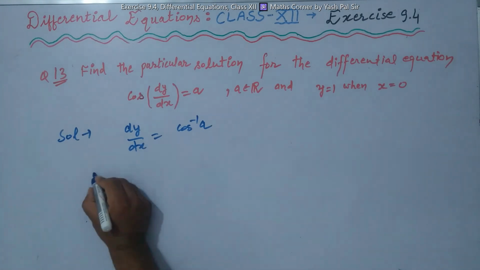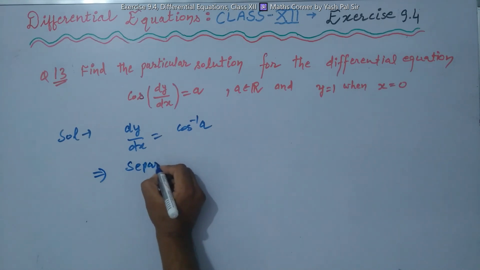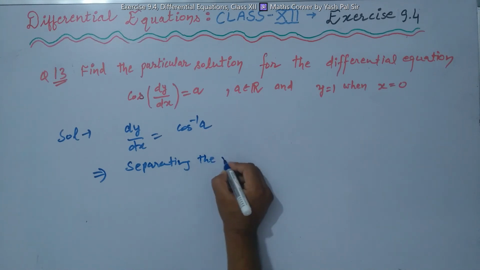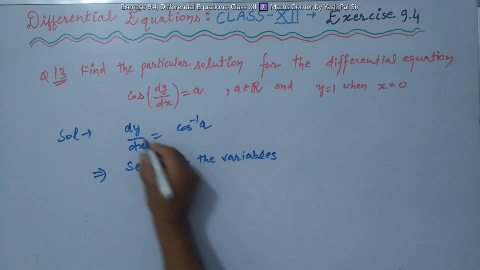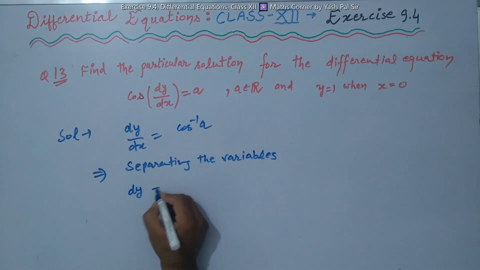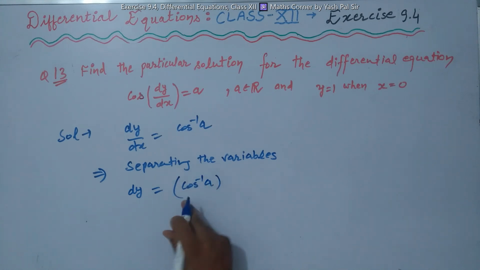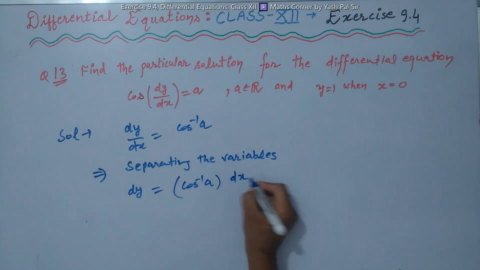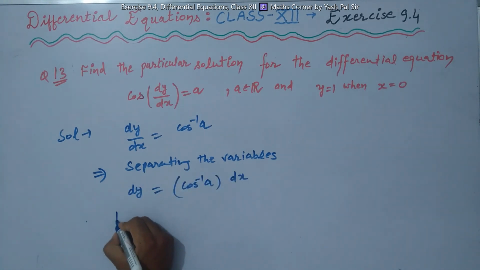Okay, so variable separating, first step is separating the variables. This becomes dy is equal to cos inverse of a dx. Again, I am stating that this is purely constant. So now the next step is integrating both sides.